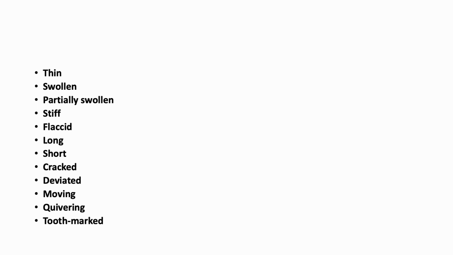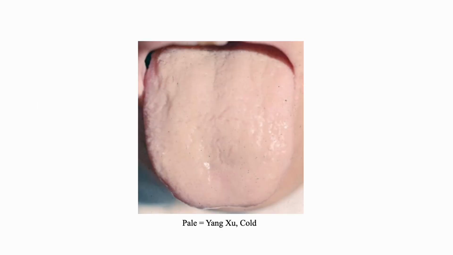For example, a pale tongue may indicate yang deficiency, but if in addition to being pale, it is also very swollen, this indicates that the yang deficiency is severe and that it has led to the accumulation of dampness or phlegm. In this example, the tongue body shape reflects the full condition generated by dampness or phlegm.